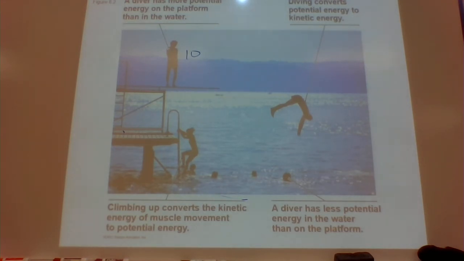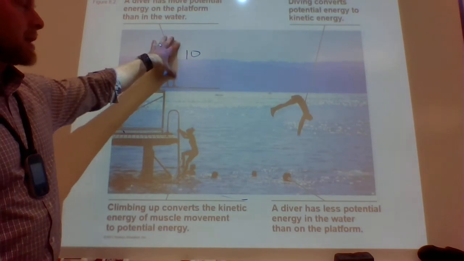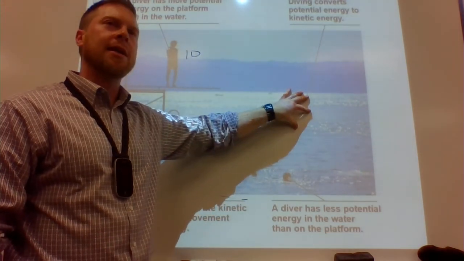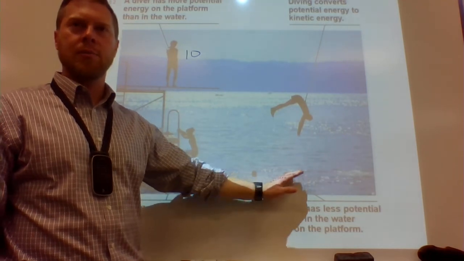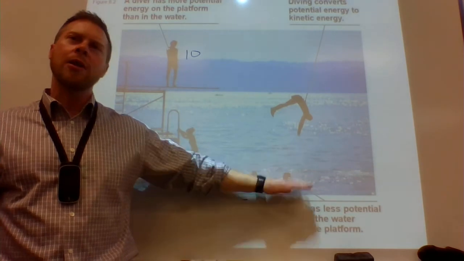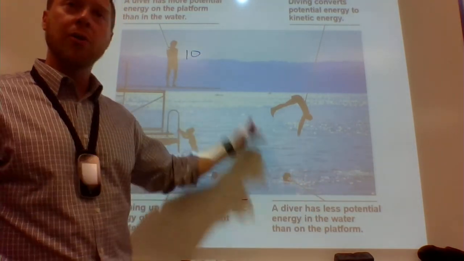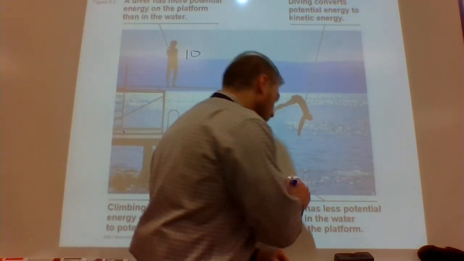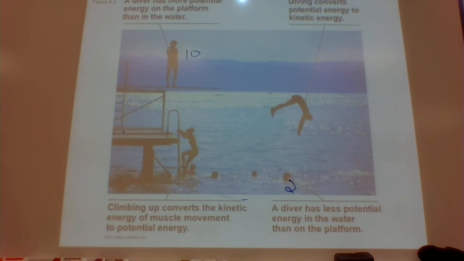So again, we can give her a 10. When she jumps off the diving board, her potential energy is converted into kinetic energy and back to potential energy. When she's in the water, is her potential energy higher or lower? It's lower, again because of her location.